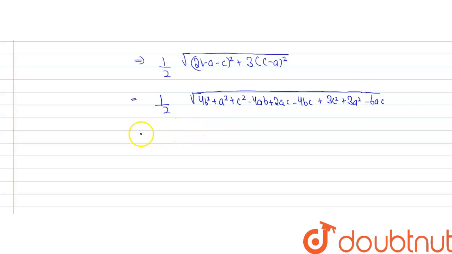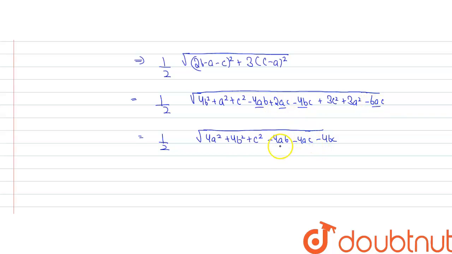Okay, so now we solve it further and we'll get half of under root of 4a square plus 4b square plus 4c square minus 4ab minus 4ac minus 4bc.